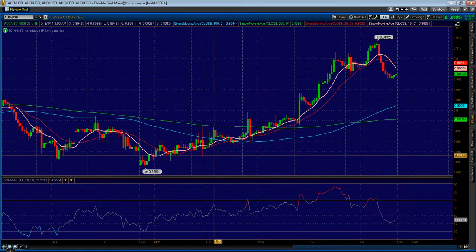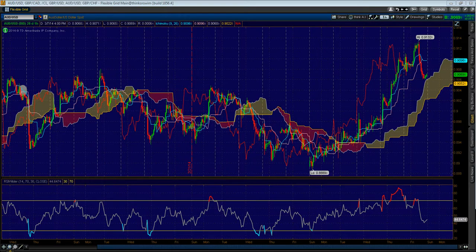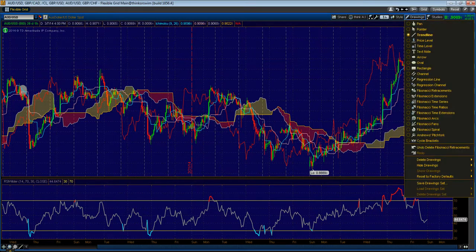But we also do have the 10 period SMA crossing over to the downside on the 20 period SMA, and that is indicative of shorts. And then back to the Ichimoku, we have the Tenkan looking to cross over below the Kijun, which is also indicative of shorts as well. So any rallies in the Aussie dollar is looked at as a shorting opportunity.